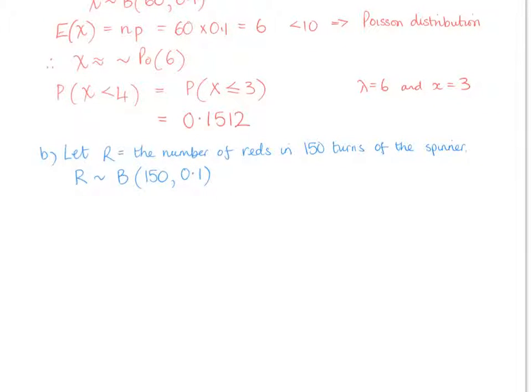So if we work out the mean for this one, the expected value of R is still n times p, which is equal to 150 times 0.1, which is equal to 15. Now 15 is greater than 10, therefore we'll use the normal approximation.